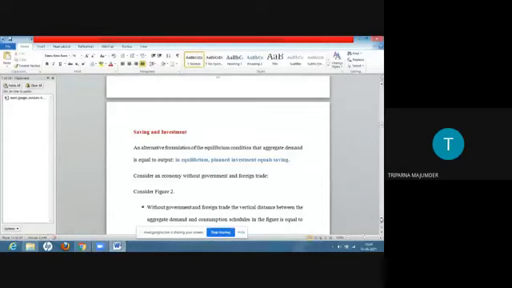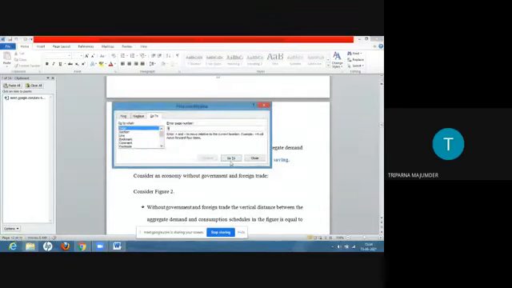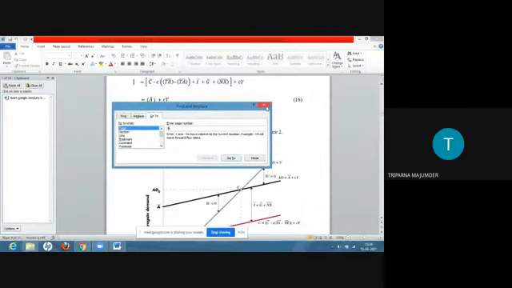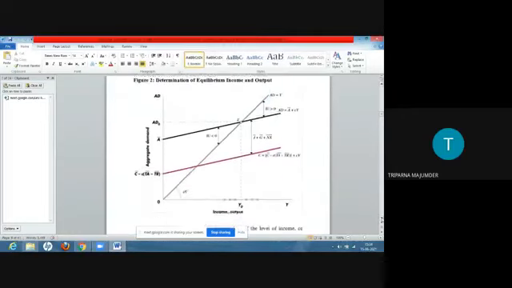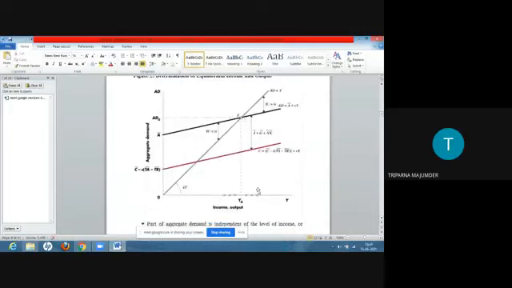We can get the same equilibrium income if we equate savings to investment. That is, at equilibrium, what is happening? We'll try to find out. Here, what do we find? We find that this is our equilibrium income.